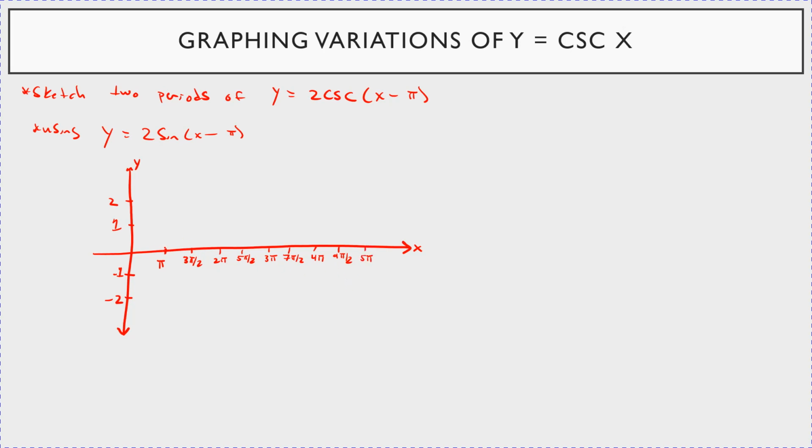And then look, start at 0. You go up to 2, 0. You go down to -2 right here. 0. Do you see how quickly this goes? Go up to 2, 0. Go down to -2. 0.